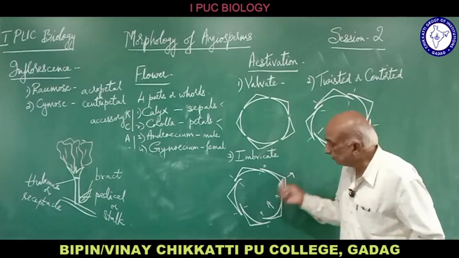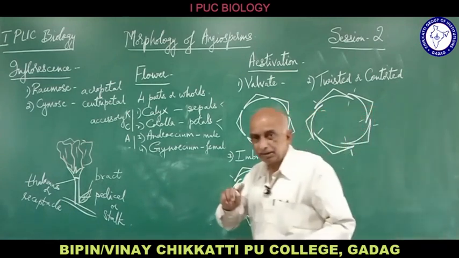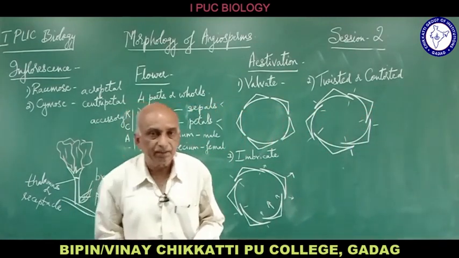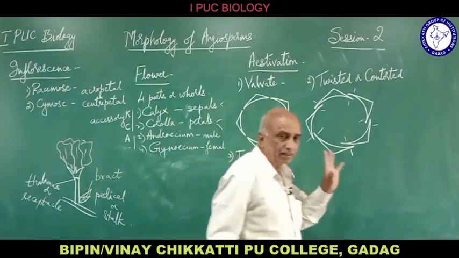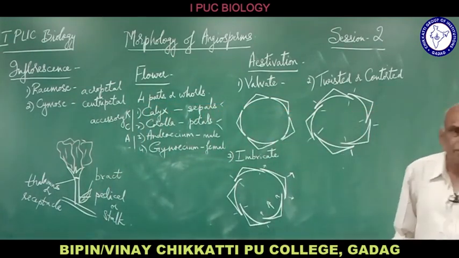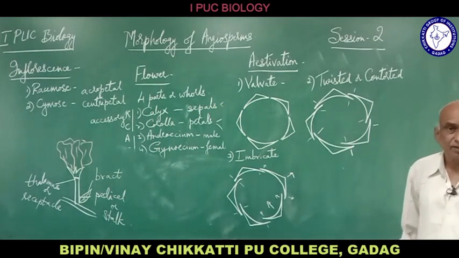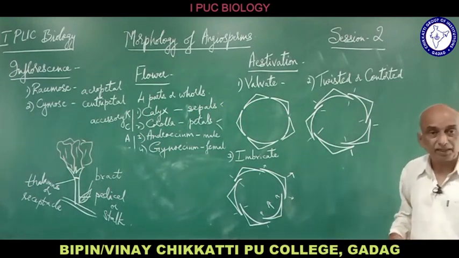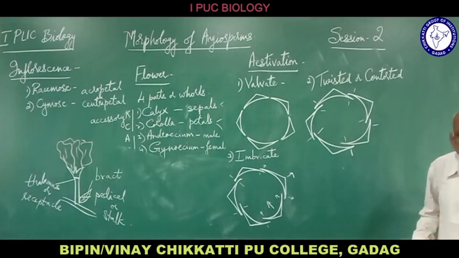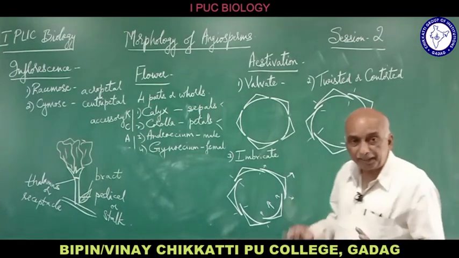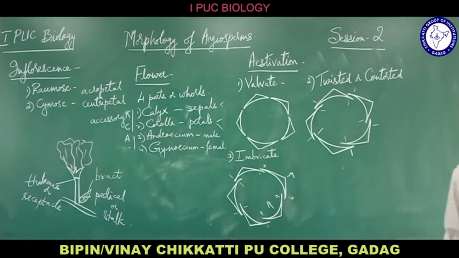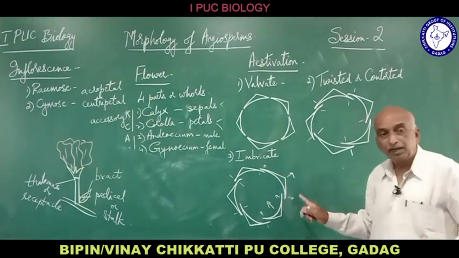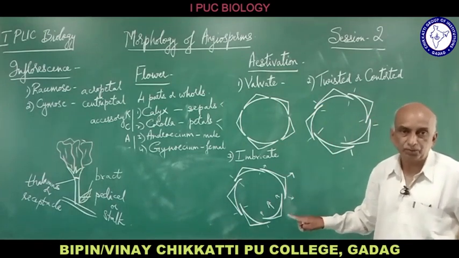In imbricate estivation, there is a slight deviation from the twisted or contorted. In twisted, every petal or sepal is arranged such that one edge is inside and one edge is outside. But in imbricate estivation, out of the total petals or sepals, one is completely outside with both its edges and one is completely inside with both its edges.